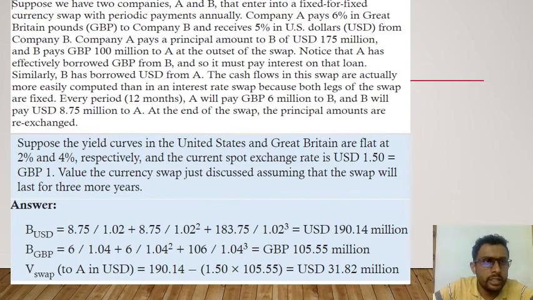So consider this example in currency swaps. Suppose we have two companies, A and B, that enter into a fixed to fixed currency swap with periodic payments annually.